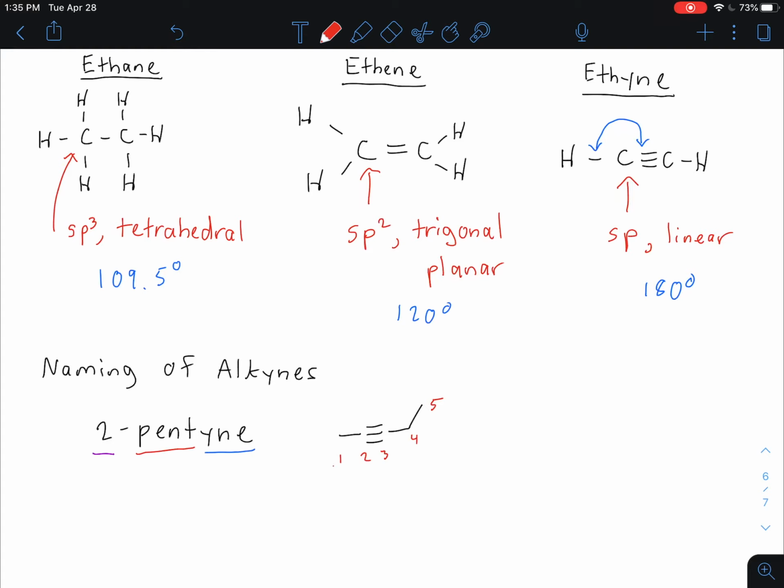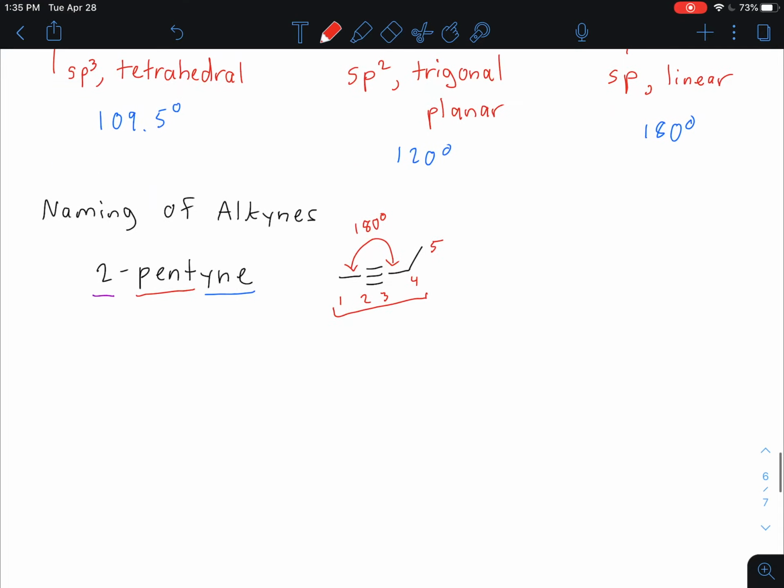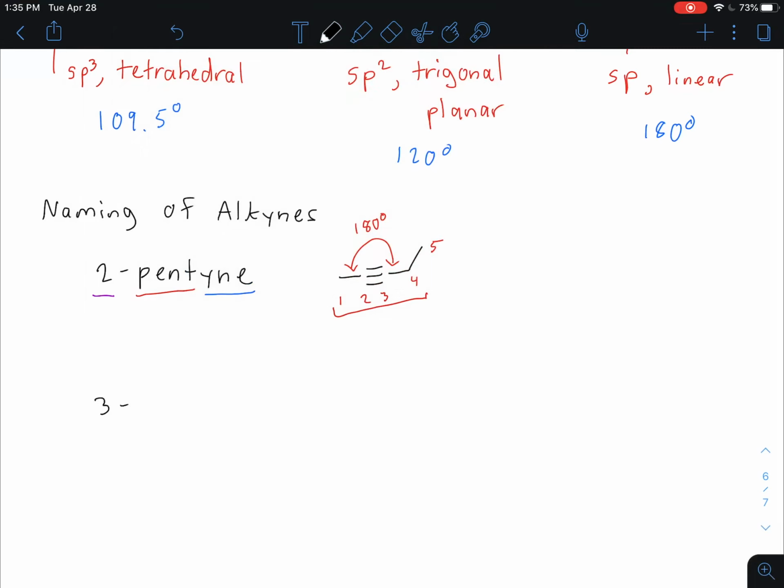So 4 and 5, I'm going back to showing the zigzag line of a typical line angle, but carbons 1, 2, 3, and 4 need to be collinear with each other because this angle has to be 180 degrees. So sometimes it gets a little odd to draw a triple bond, but that's the way that you want to do it. Let me draw one more of these.